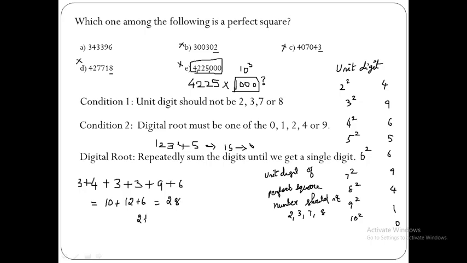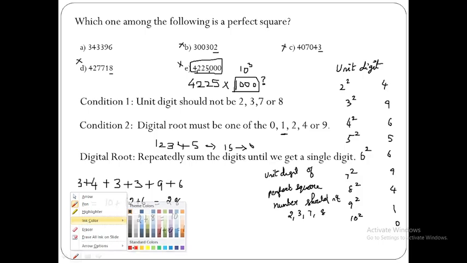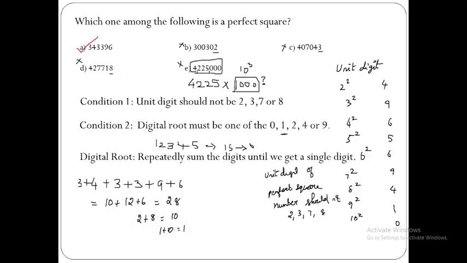Then 2 plus 8 is 10, and 1 plus 0 equals 1. So the digital root is 1. The digital root must be one of 0, 1, 2, 4 or 9 for the number to be a perfect square. Here we get 1, so it must be a perfect square. So our answer is option 343396. Okay, thank you.